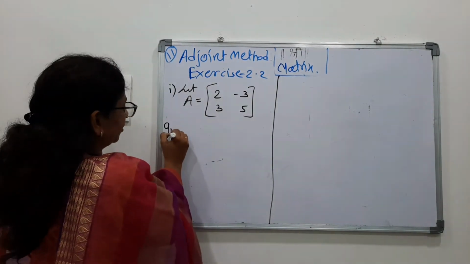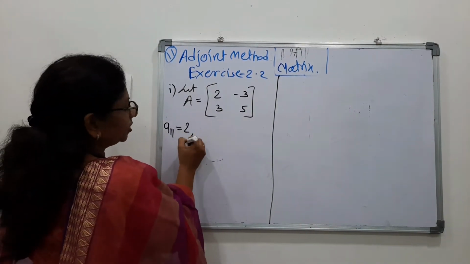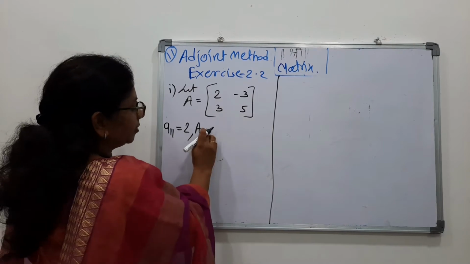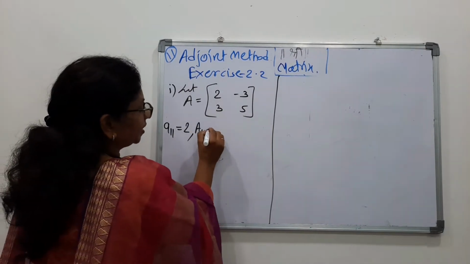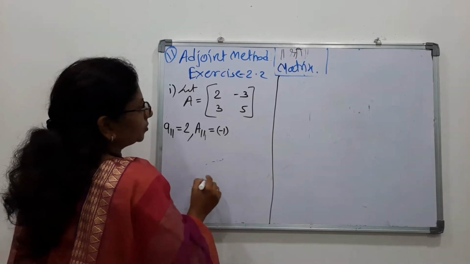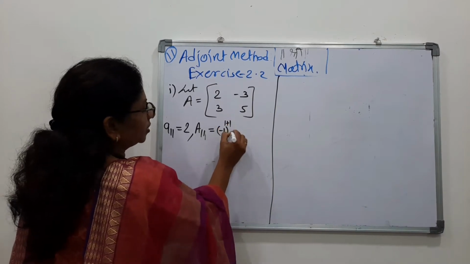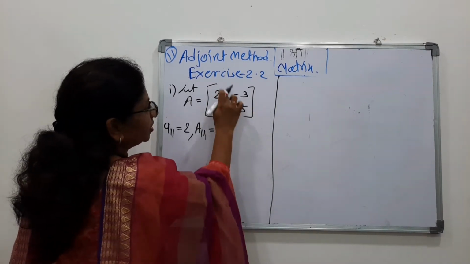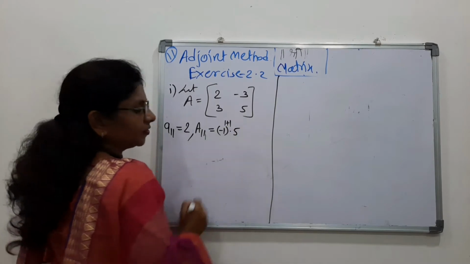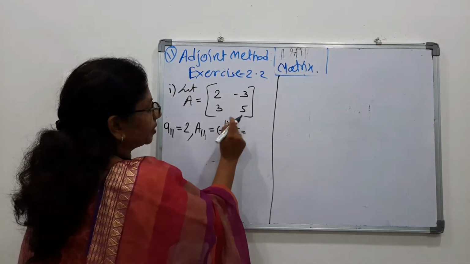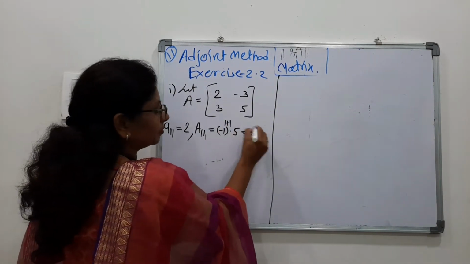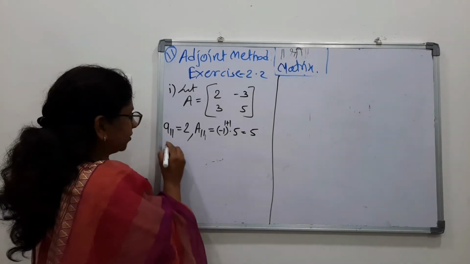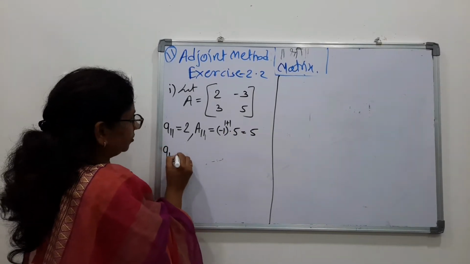So A11 is 2 here. So what is capital A11? It means the cofactor of this 2 is minus 1 to the power 1 plus 1 into the remaining element when we hide this row and this column, which remains 5. So minus 1 to an even power, so plus 1, simply plus 1 into 5 is 5. So what is A12?